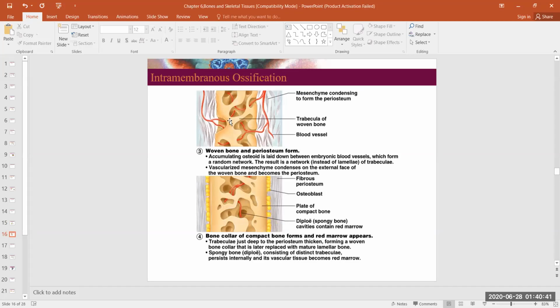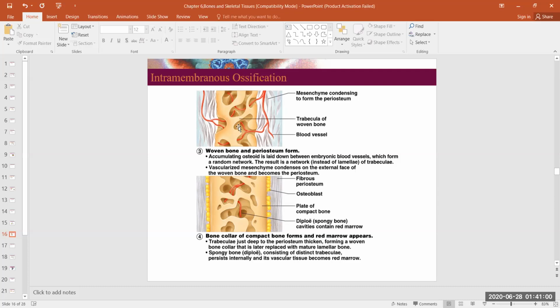Slowly, you see the bone cells are trapped in the matrix here. Now, to provide nutrition, nearby blood vessels in the fetus migrate and start growing. So trabeculae of woven bone and blood vessels start here.